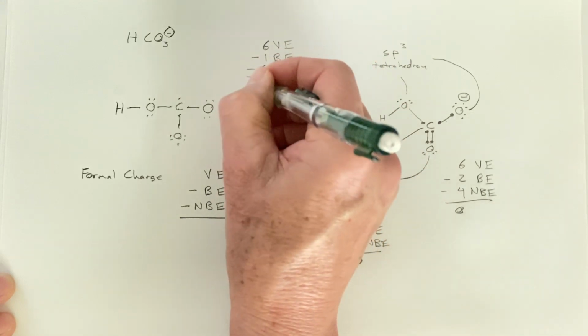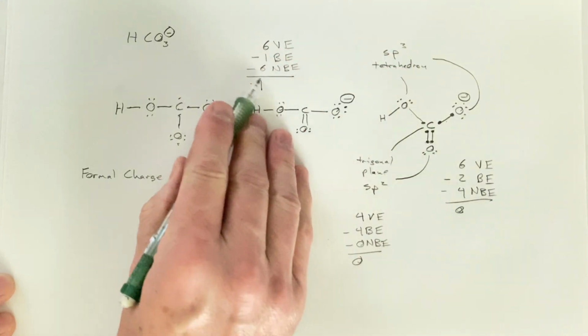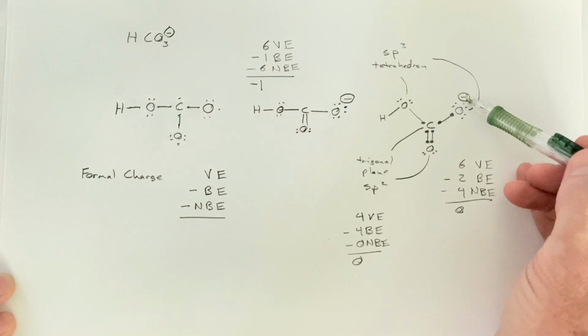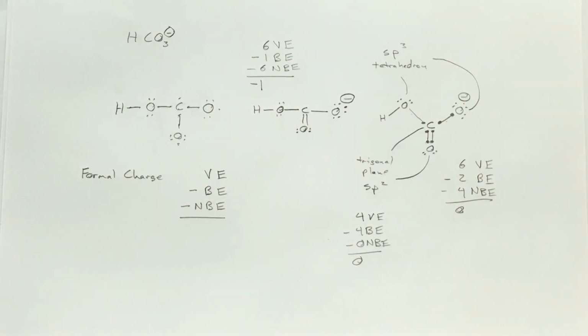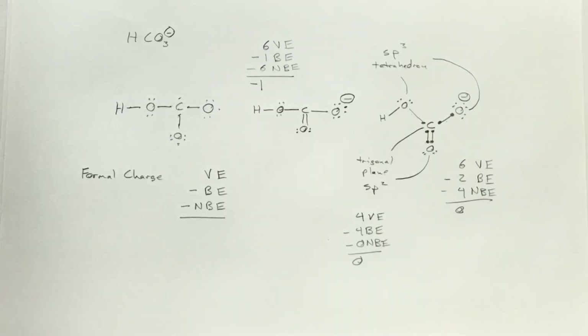And so our formal charge works out to be -1, which matches what we had on our Lewis structure. So formal charge should match the Lewis structure. When making the Lewis structure, you must add an extra electron if it's indicated in the formula. Once we get done making our Lewis structure, we can see where that formal charge is.